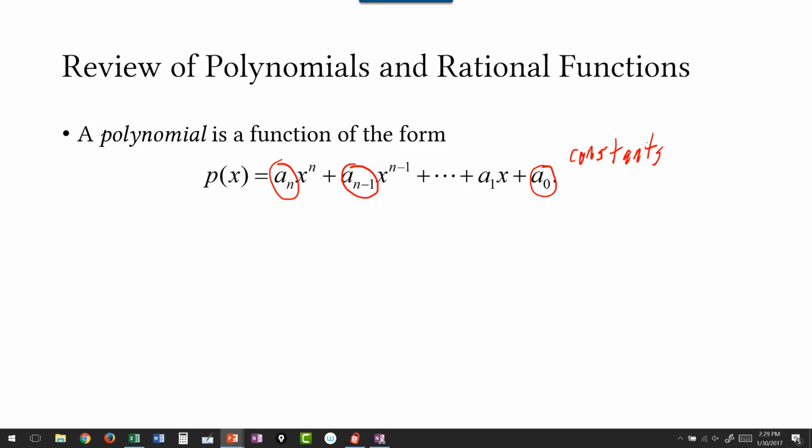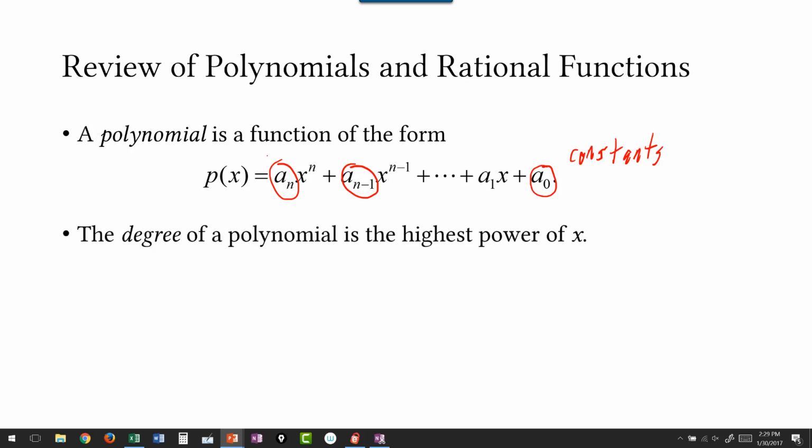And then the powers on x would be 1, 2, 3, up to n. The degree of a polynomial is the highest power on x. So the way the polynomial is written on top here, the degree of p of x we would say is equal to n.